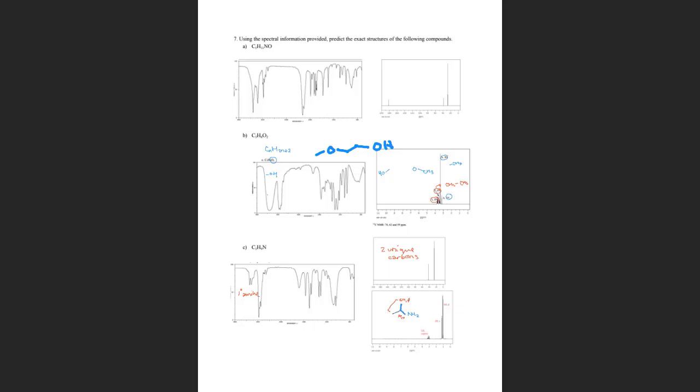Would you rather do that counting question, or would you rather do part A of this one where you're predicting the structure using this IR and CNMR? Okay. Is everyone else good with doing A? Okay. A being like 7A, right?